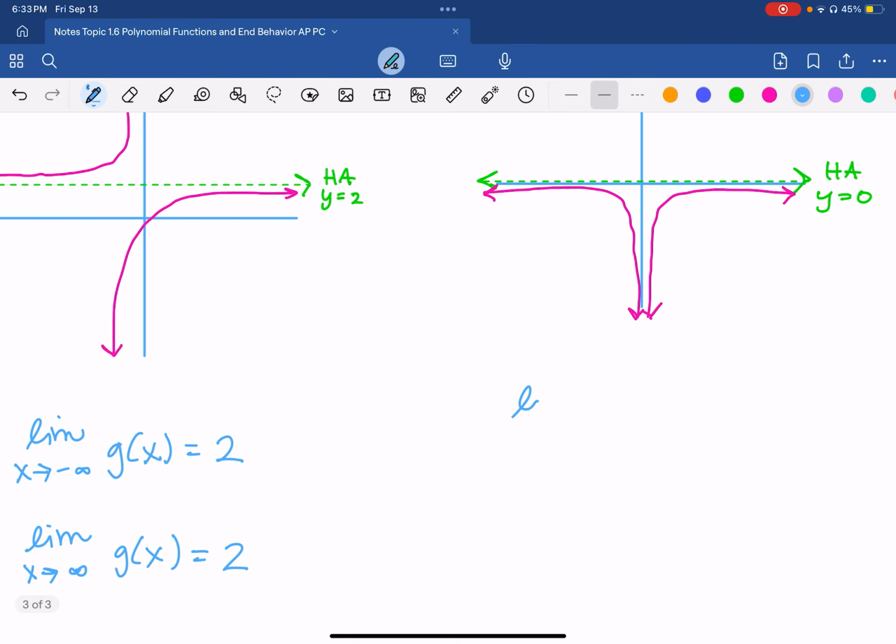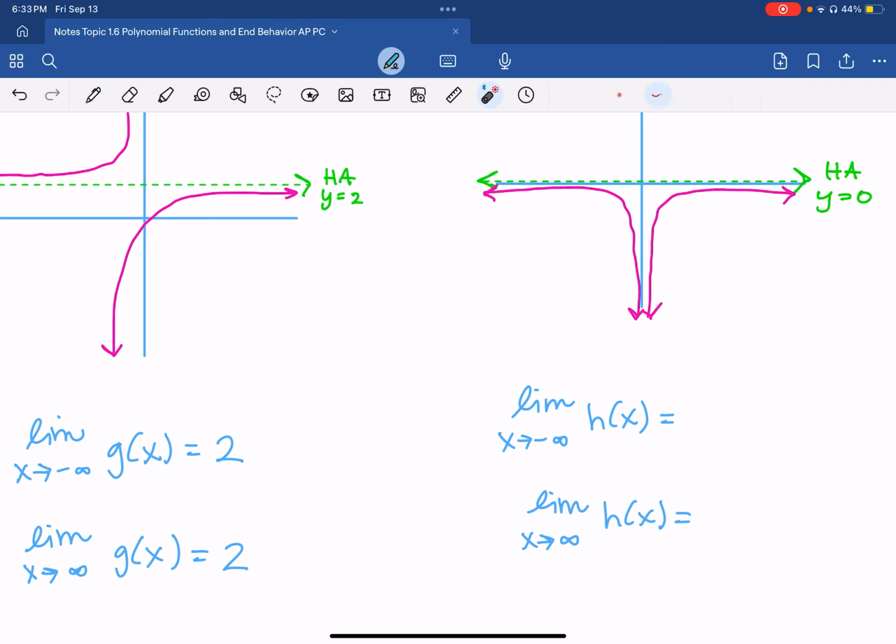For the limit statements, we have the limit as x approaches negative infinity of h of x equals, and then the right side, the limit as x approaches positive infinity of h of x equals, okay? Just like the other one, you don't see the pink line going up or down. If it's going constantly forever, that means it's hovering at the horizontal asymptote, which was at 0, and the same thing on the right, which is 0.